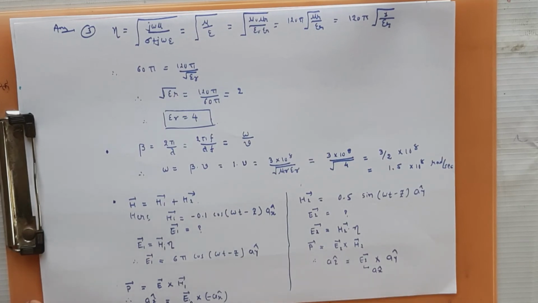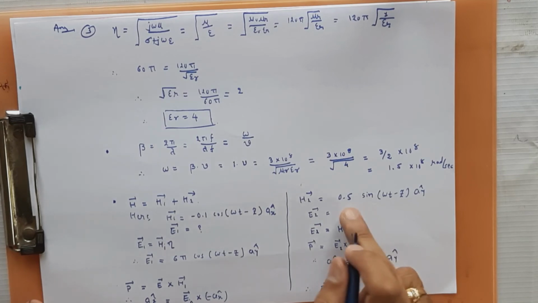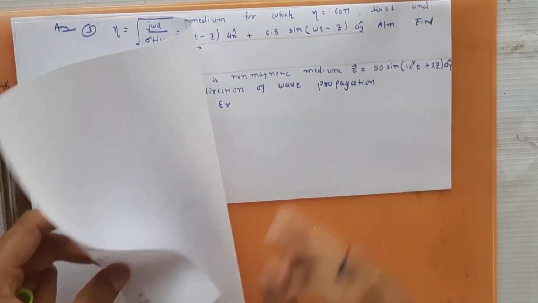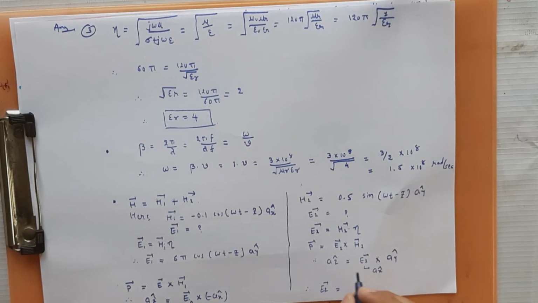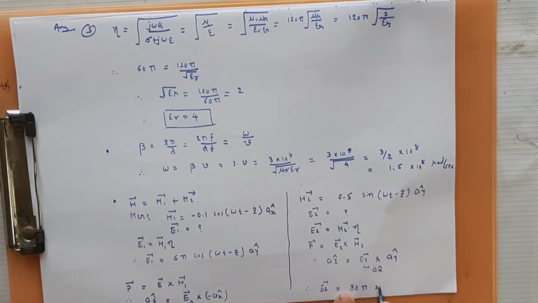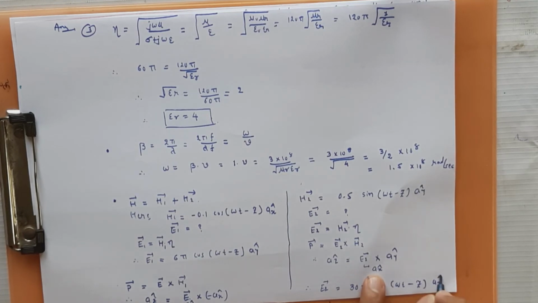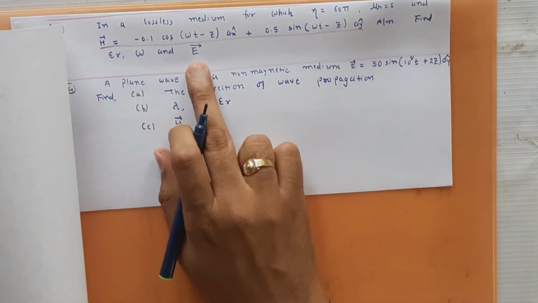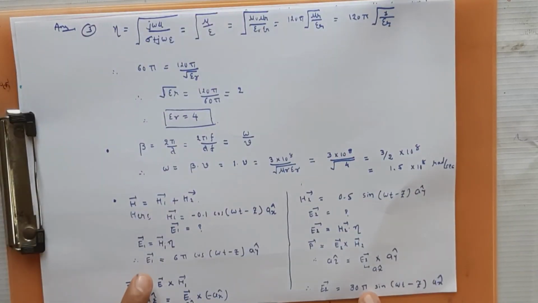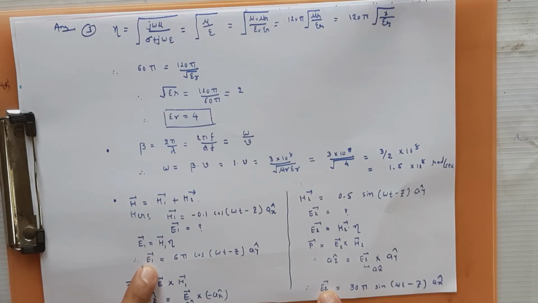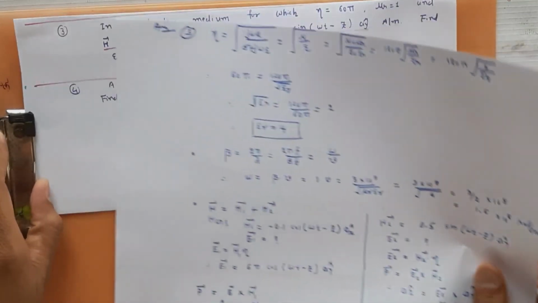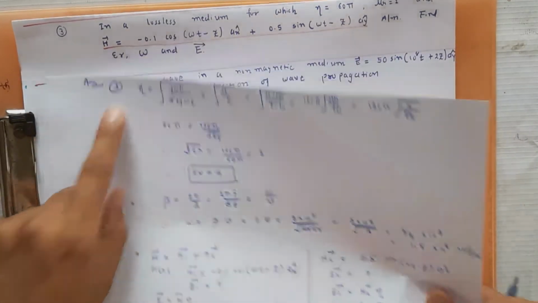In X direction. Therefore E2 is equal to 0.5 into 60 pi, which is 30 pi sin(omega t minus z) into AX. So finally, what we have to find out? E vector. E vector is equal to E1 plus E2 vector. Clear? So this one is our example number 3.